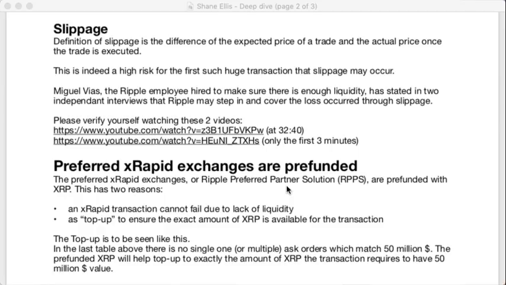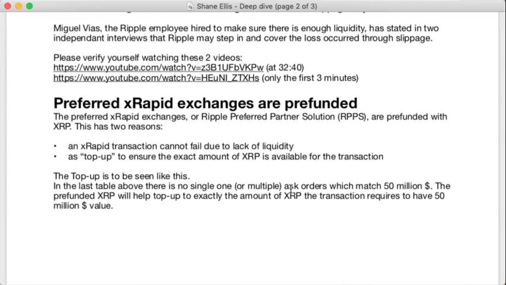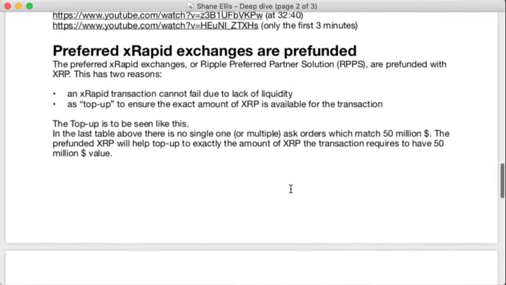In those 2 videos, he stated that when this argument comes up from the exchanges or whomever they talk to, that slippage may occur, Ripple basically gives them as feedback: we can cover your loss. So also the second argument of slippage is basically not an argument why the Shane Ellis theory should not work.